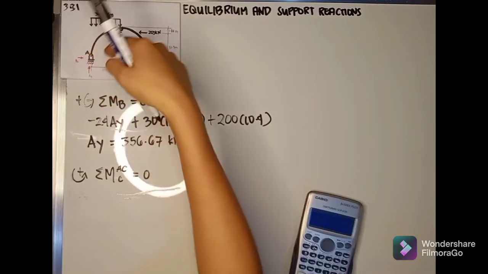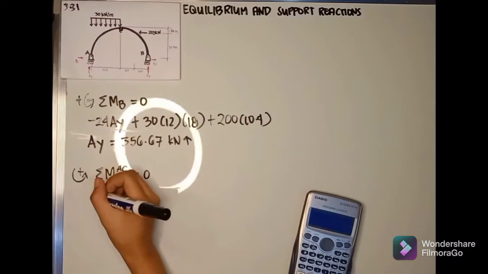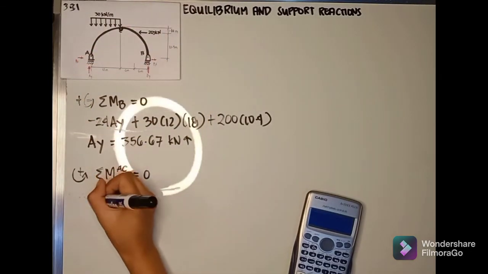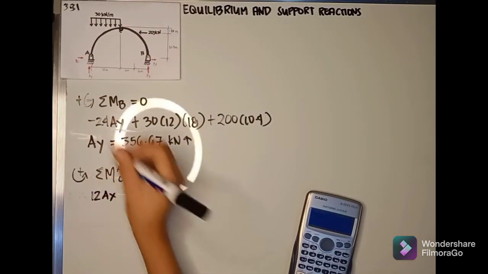For AX, its moment arm is 12, and the rotation is counterclockwise, so positive 12 AX.